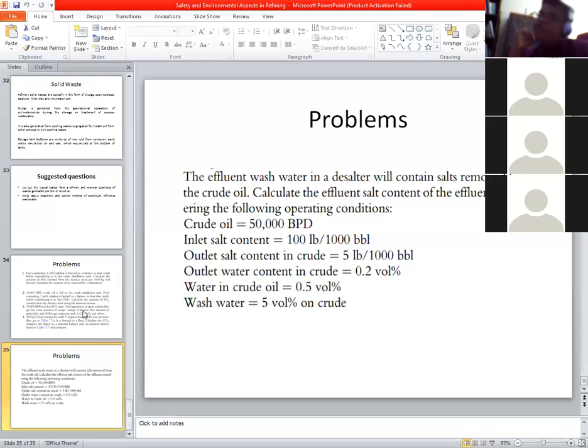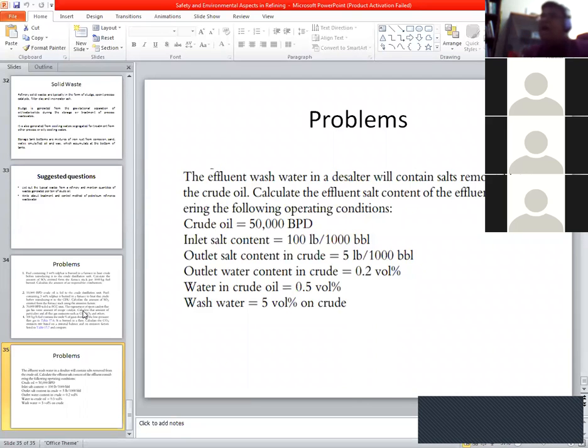Within this time, you have to answer 5 questions and send them back to me. 3.5 hours, please note down. Final exam, 5 questions, no MCQ. Each question has A, B, C, D: calculation, flow diagram, explanation, discussion, like that. Total 3.5 hours for the final exam.